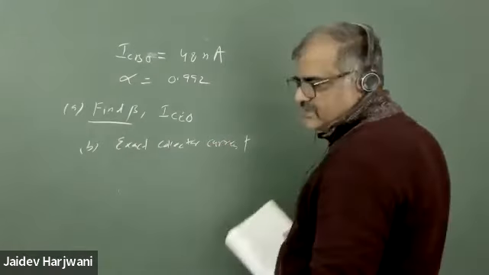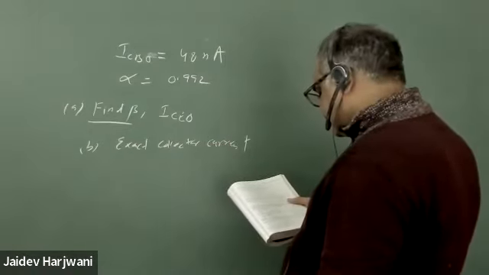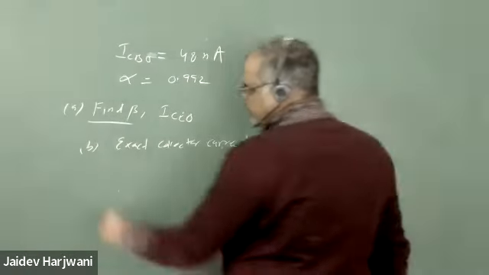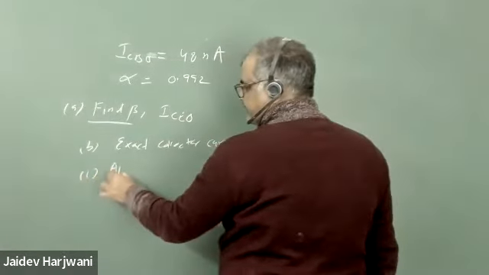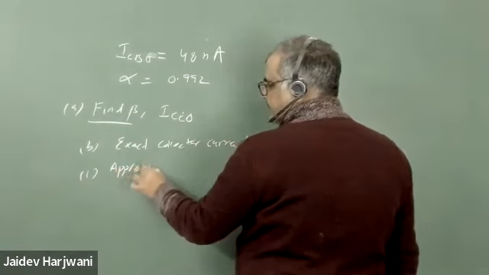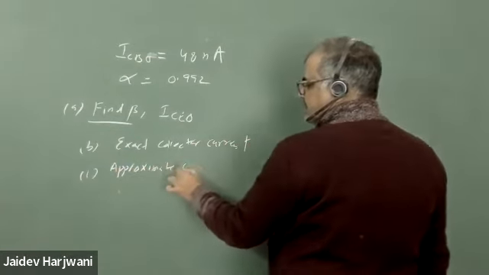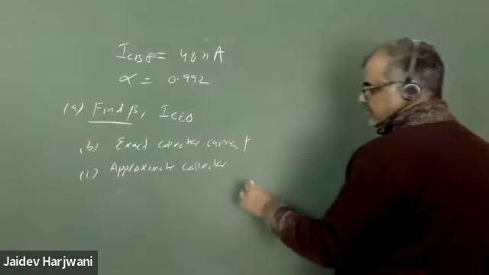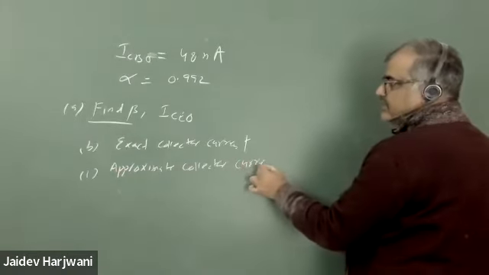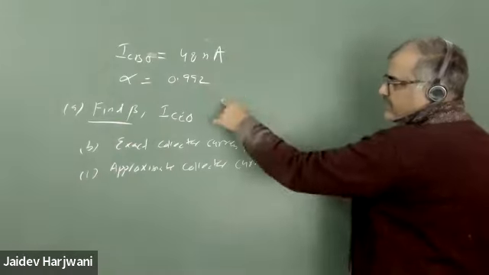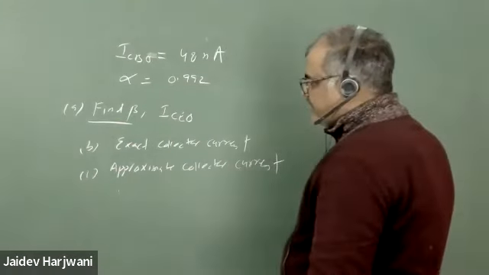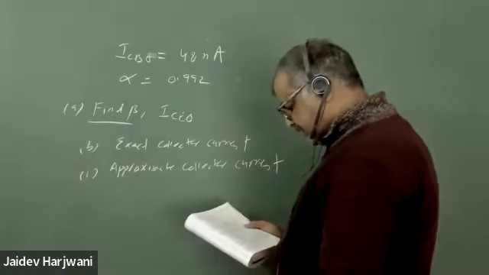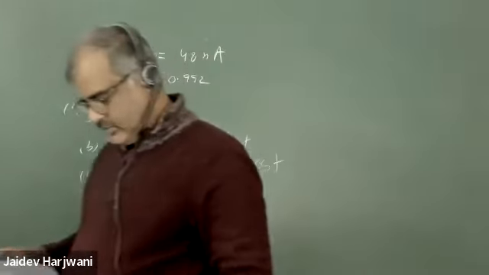Exact means you apply the exact formula with reverse saturation current. And then you have to find the approximate collector current. Approximate means IC equals alpha IE, where you can neglect the reverse saturation current. So ICBO is given, alpha is given, you need to find beta and ICO. This is your homework.